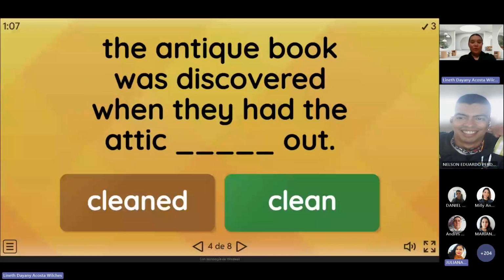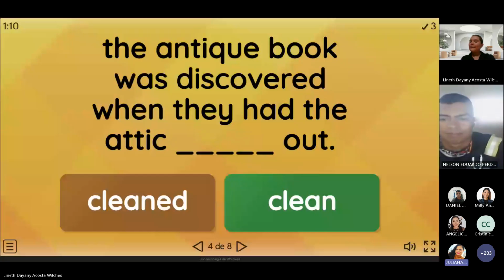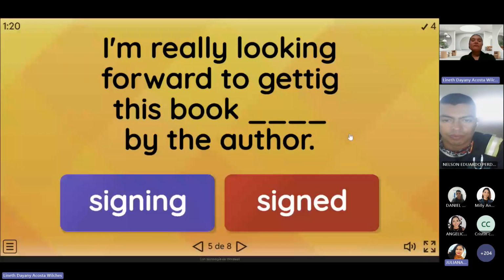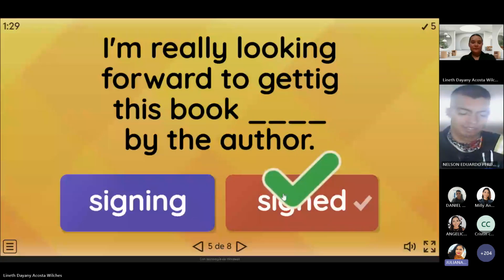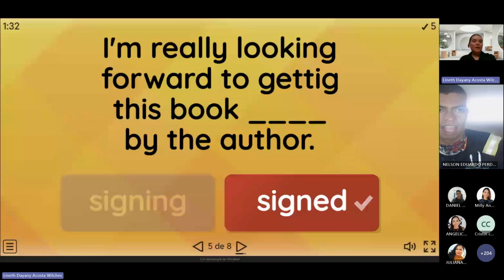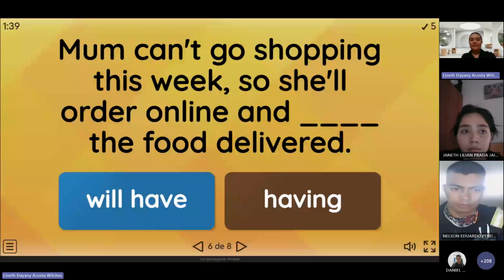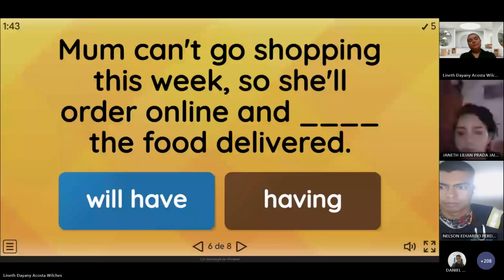The antique book was discovered when they had the attic cleaned. Cleaned. I'm really looking forward to getting this book signed by the tutor. Signed. Mom can't go shopping this week, so she'll order online and have the food delivered. Will have.